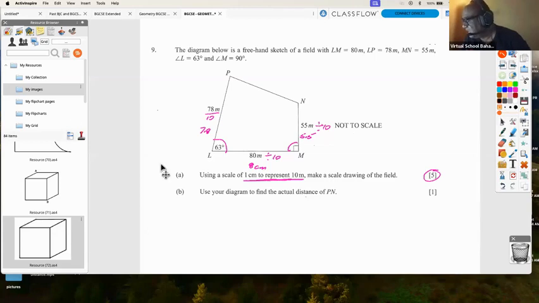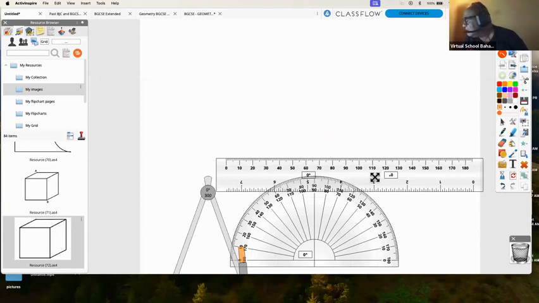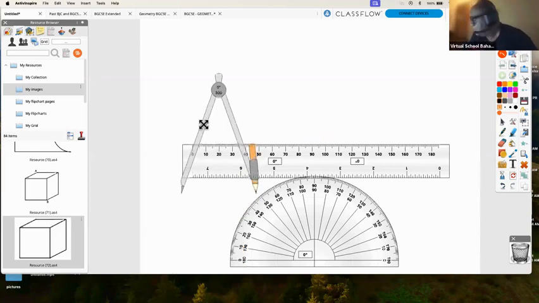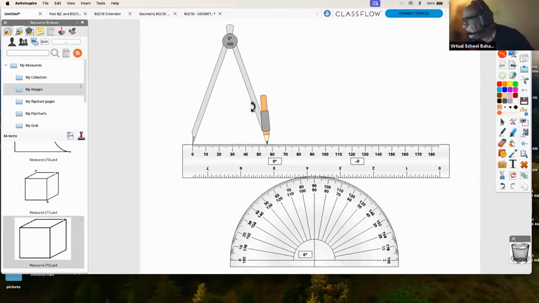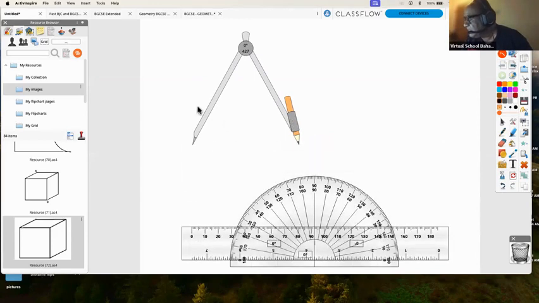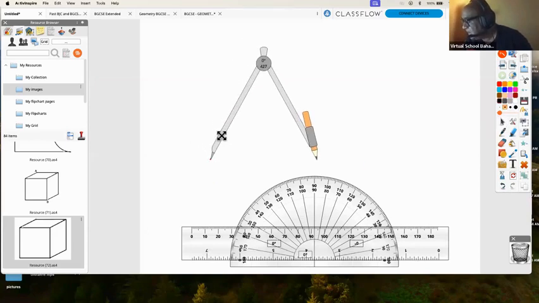All right. So first of all, we got to get our 8 cm. So here, I get my ruler. I can either use this, put it there, and measure my 8 cm. I can do it like that. I will put a dot where I want to start from, so that I know that is where I'm starting.